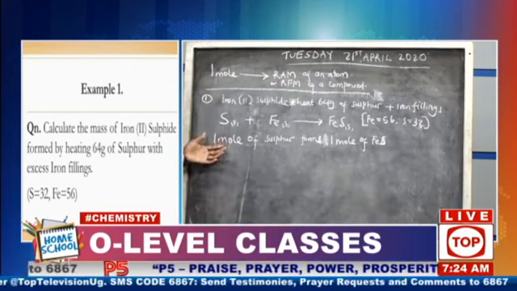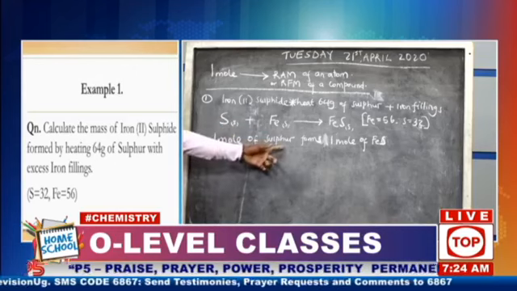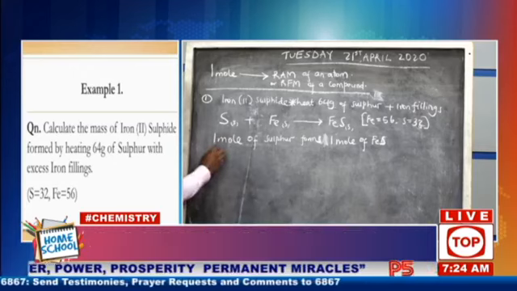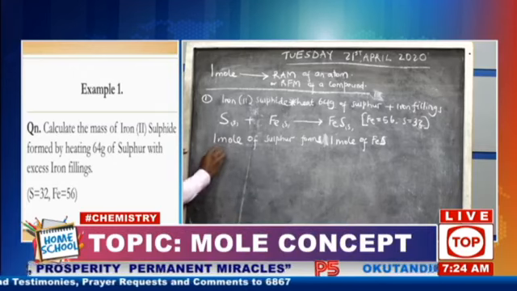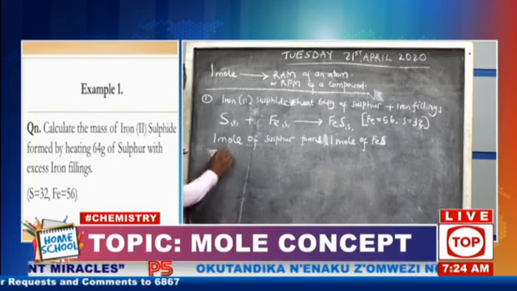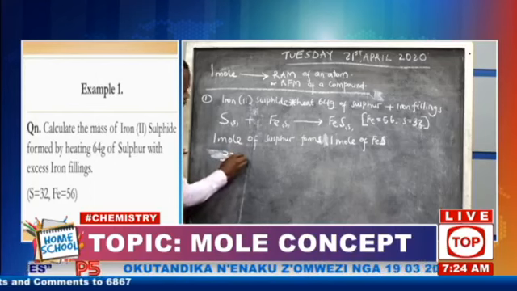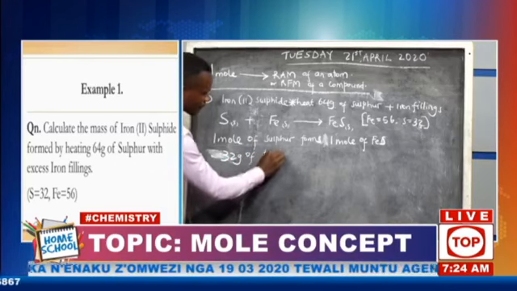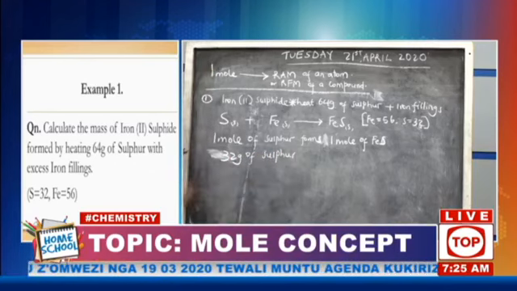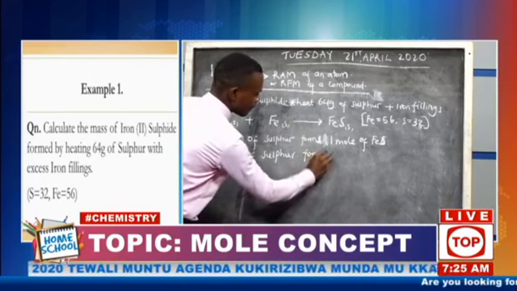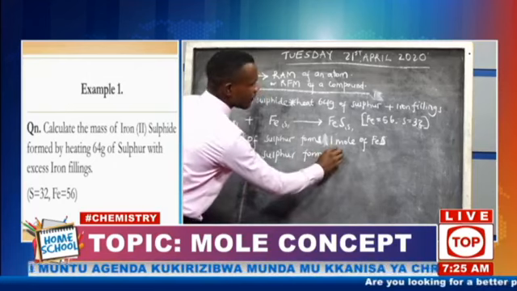You come here and say 1 mole of sulfur is standing for the relative atomic mass. That means you leave alone the mole and you go with the relative atomic mass. Sulfur is 32, so 32 grams of sulfur, you say they form how many?